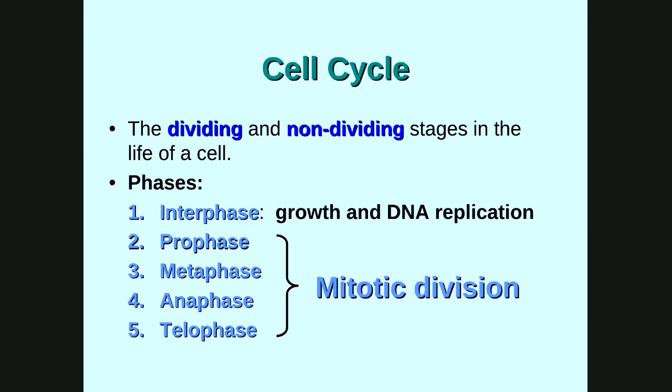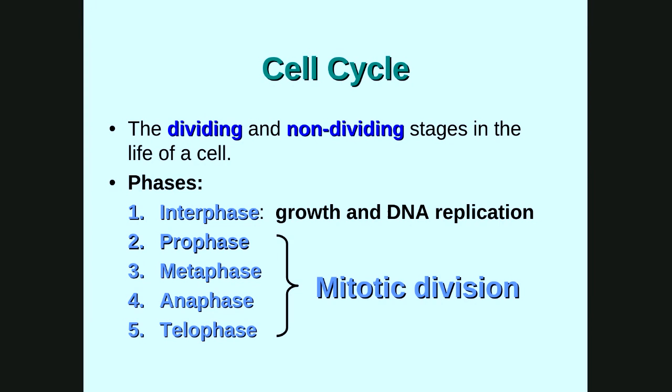Okay, what is the cell cycle? We studied it yesterday, but we are going to revise it again. The cell cycle is the dividing and non-dividing stages of the cell. The phases are interphase, prophase, metaphase, anaphase, and telophase.